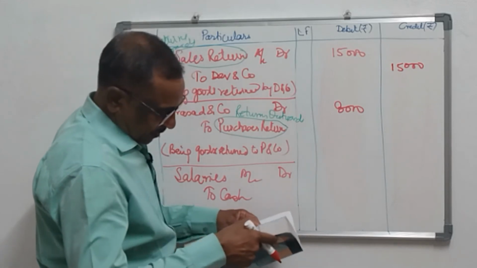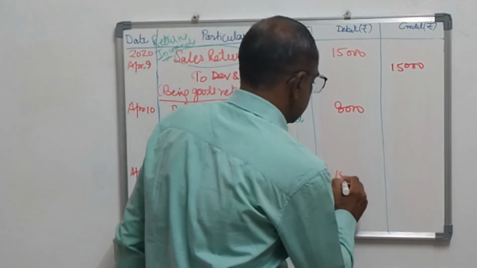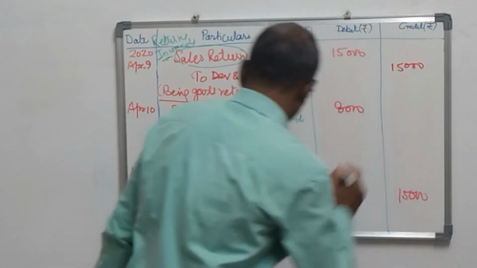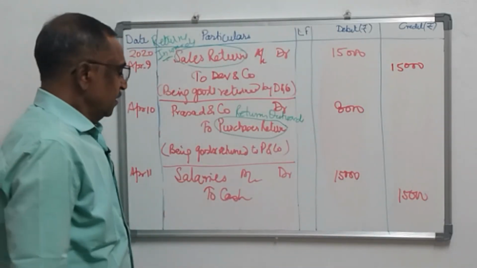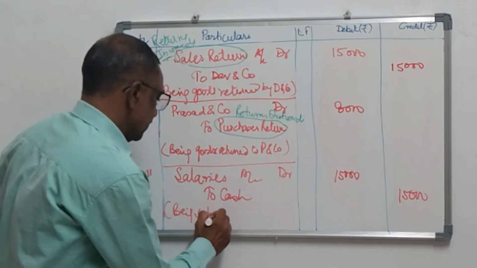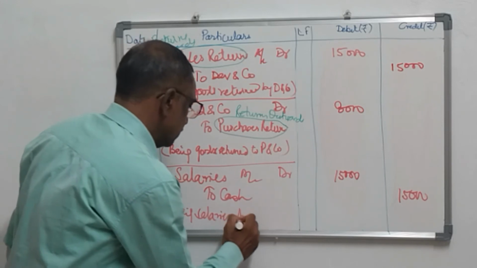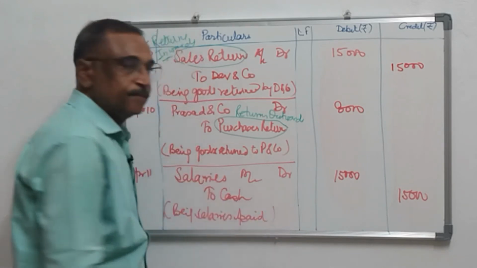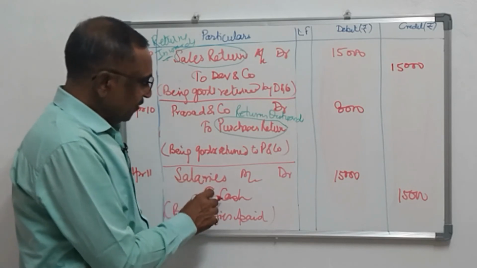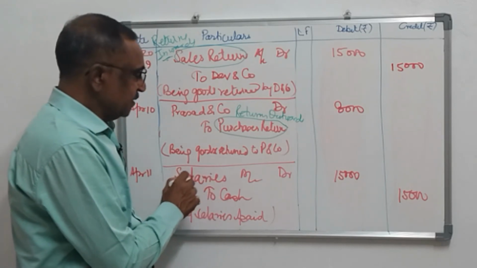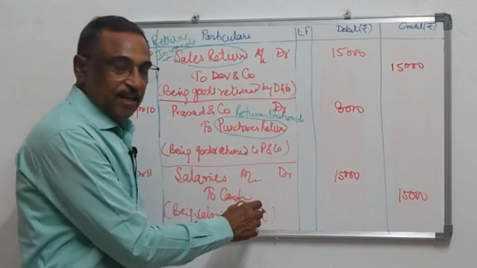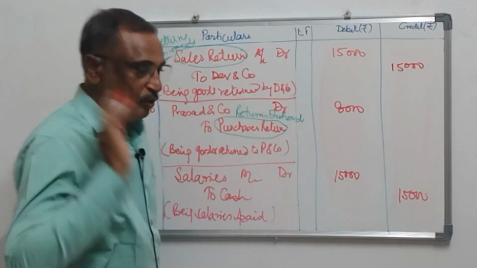Okay. Amount is 15,000. So we can write being salaries paid. Okay. Salaries is an expense, and we are paying it in cash. Salaries expense is debited, cash real account is credited, what goes out.